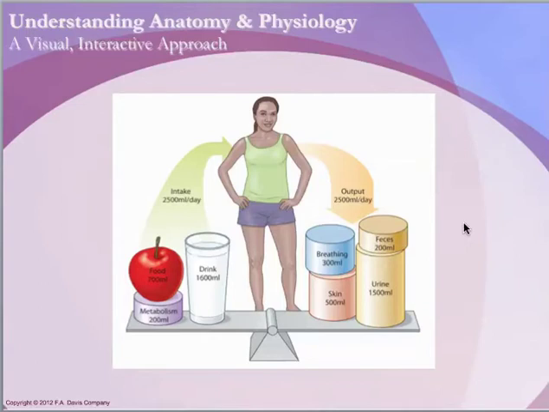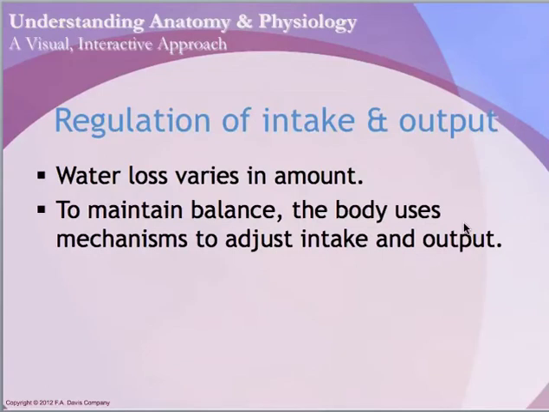And then most fluid is lost as urine, but we also lose some as feces, some as sweat, and some through the lungs. But the biggest piece here is that it should be equal. If it's not equal, then we get an imbalance of our intake and output. But we do have a way that we regulate this. As the water loss varies, we have a way in which we maintain this balance.